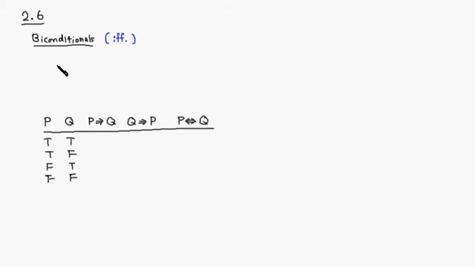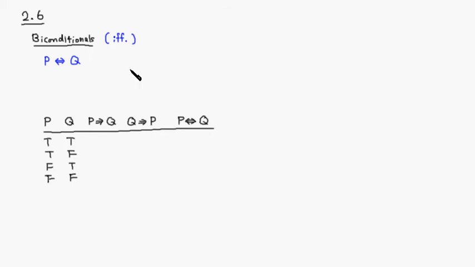Right? So notation-wise, we can say something like P with the both-sided arrow, a kind of fat both-sided arrow, and Q. So P if and only if Q. Right?